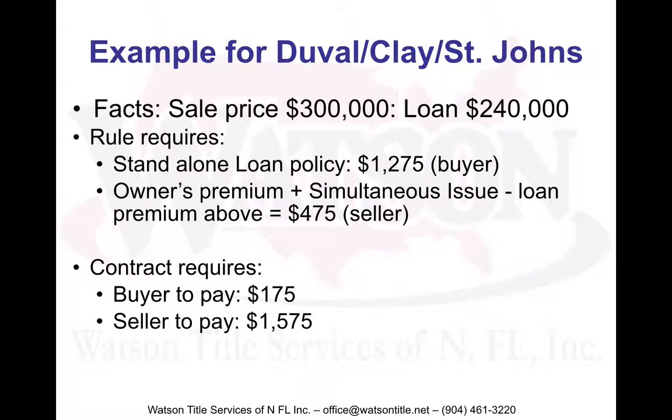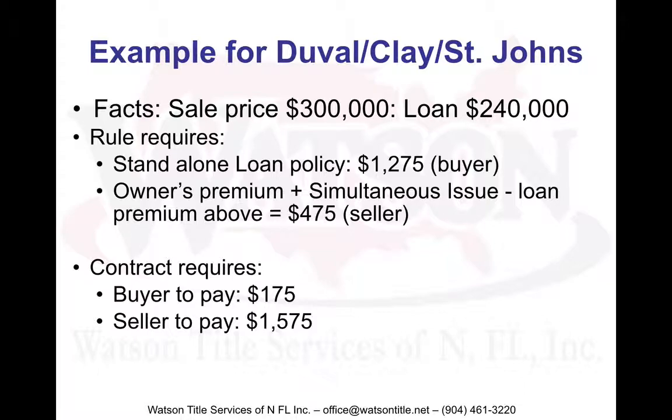Here's another example, but this time I want to use actual numbers for a closing with Watson Title Services North Florida, where the seller pays the owner's title insurance. So if you have a paper copy of the entire closing disclosure, just look up here because the numbers are going to be different than the previous example. But in this case, we have a property with a sales price of $300,000 and a loan value of $240,000.